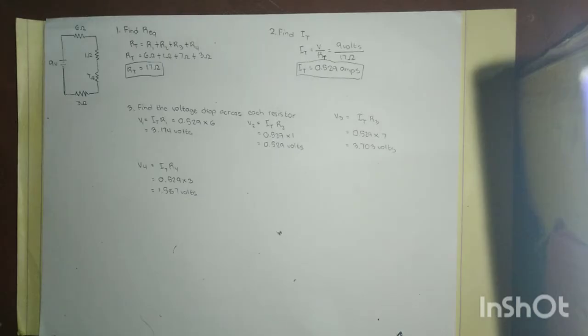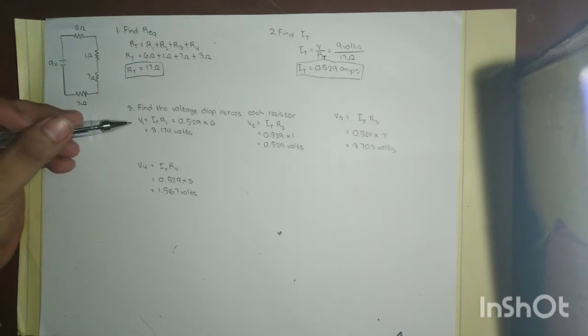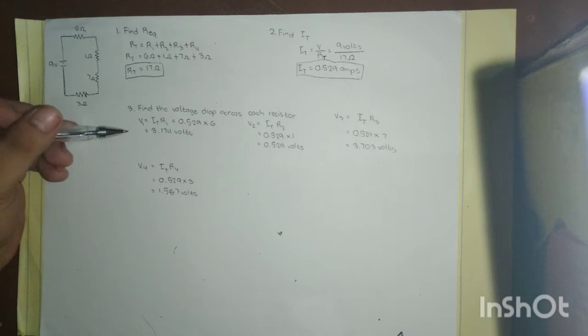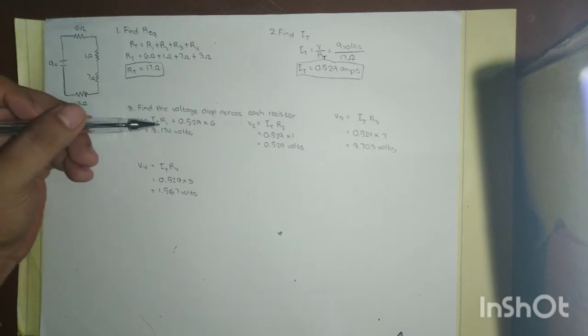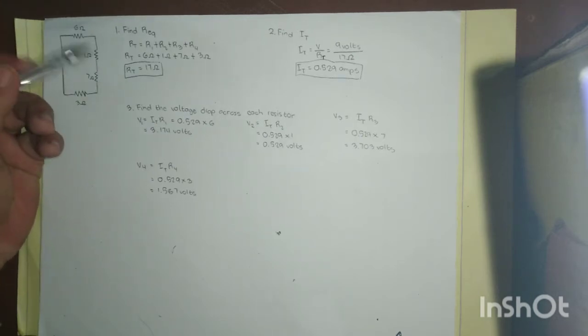Number 3, find the voltage drop across each resistor. To find the voltage drop in each resistor, we need the formula V1, or the voltage drop of the first resistor, is equal to the total current multiplied by the first resistor.